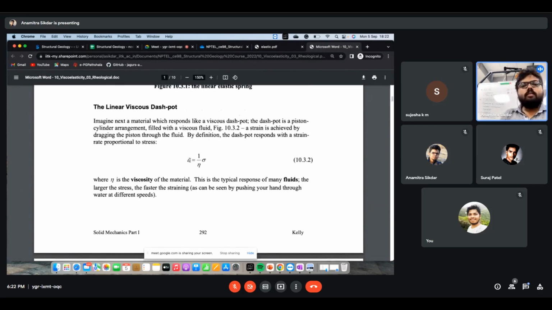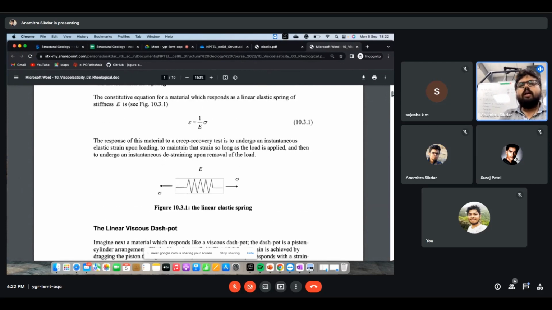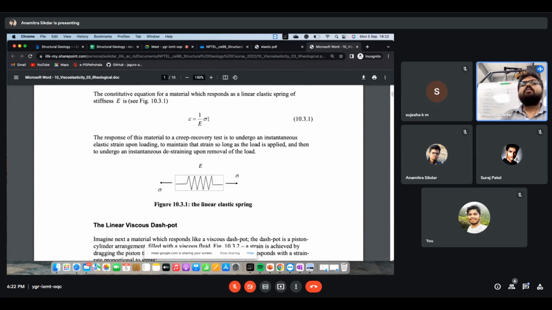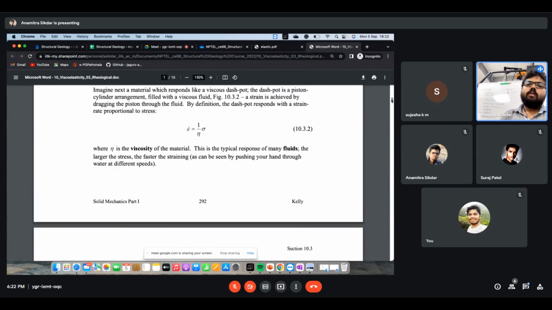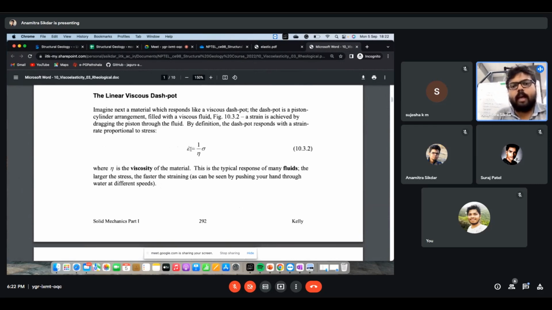What is the difference between these two? In the first model, stress is proportional to the strain. Just note that there is no dot on top of the strain. But in the viscous model, there is one small dot, which means that the stress is proportional to the strain rate.